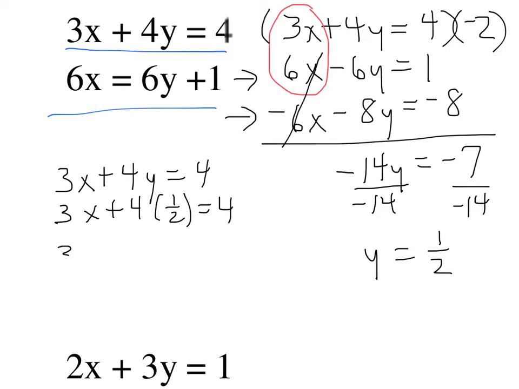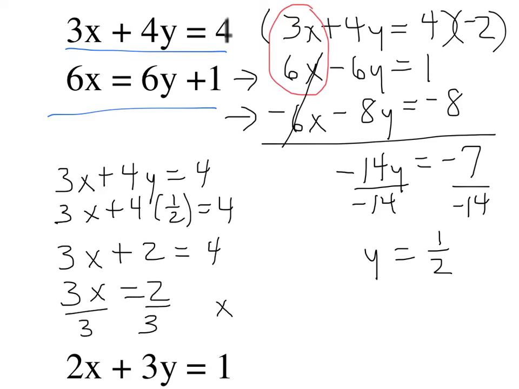Then we have an equation with just one variable in it. And when we have that equation, we can solve for x. Subtract 2 from both sides, divide both sides by 3, and we get x equals 2/3. So putting it as an ordered pair, we have 2/3, 1/2.